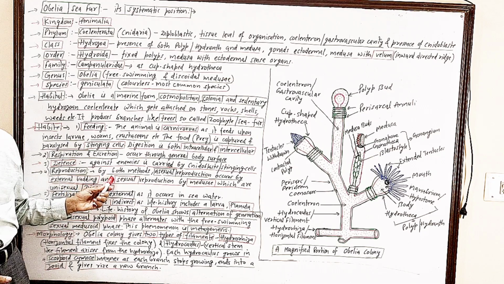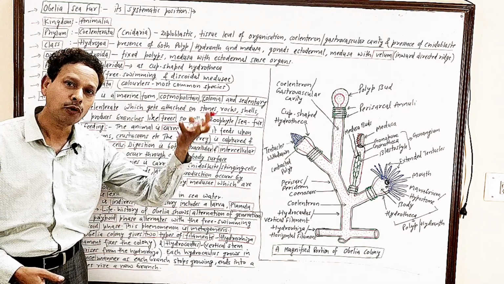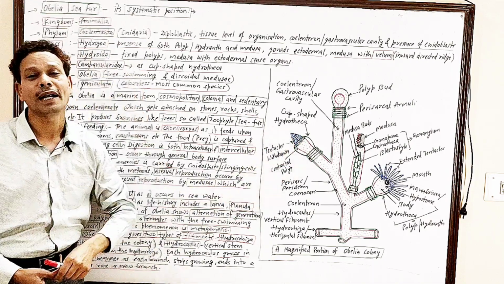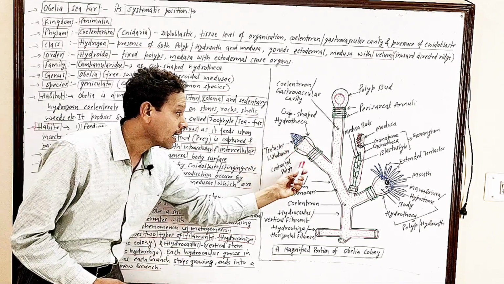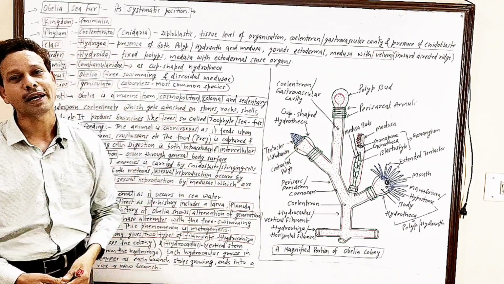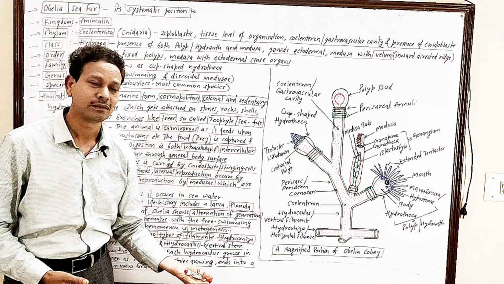Reproduction. The animal reproduces by both methods. This polyp, this hydranth, it reproduces asexually, and asexual reproduction occurs by external budding.